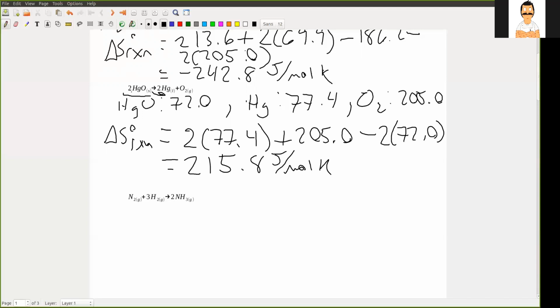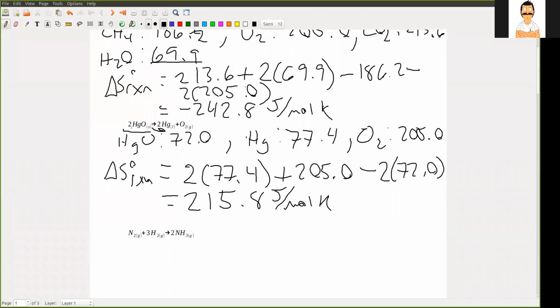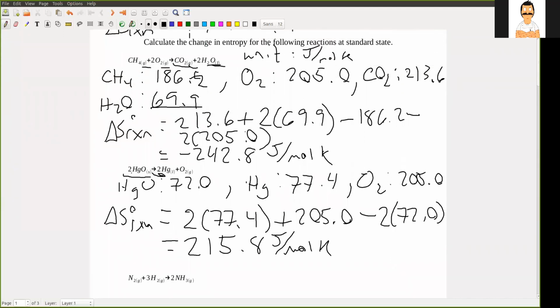So in our first reaction, entropy is going down. You can take a look and ask why that might be. We note that the number of moles of gas is decreasing. On the left-hand side of the reaction, we had 3 moles of gas, and on the right-hand side, we only have 1 mole of gas.